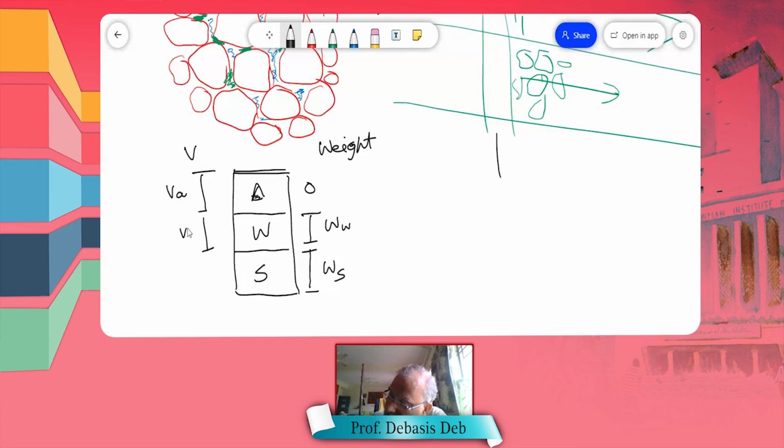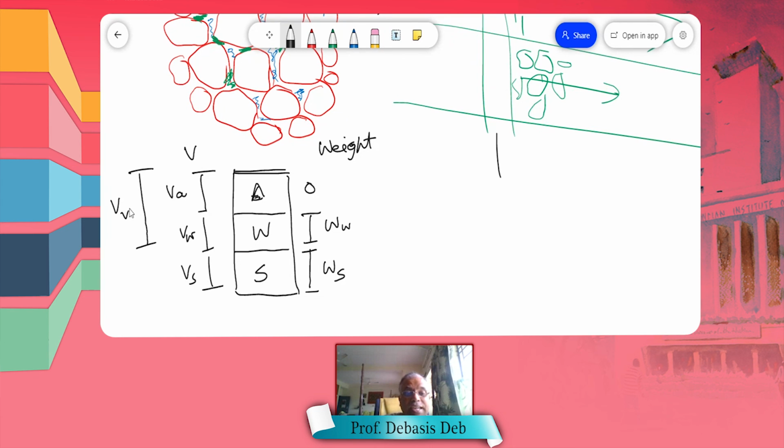We have volume of water and we have volume of solid. And this volume we call volume of void. Okay. It may be coming to you a little delayed, but you can relate it gradually.